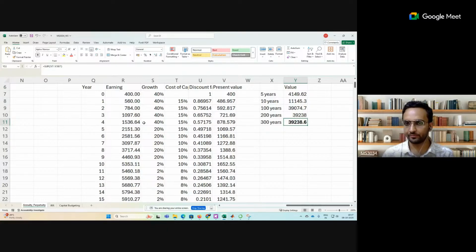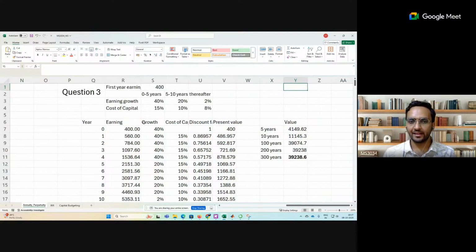Now, I have given you the simplest case. In reality, forecasters give you different rates for different years. So the first year it will be different, second year, third year. Each year there is a different growth prospect and a different cost of capital.